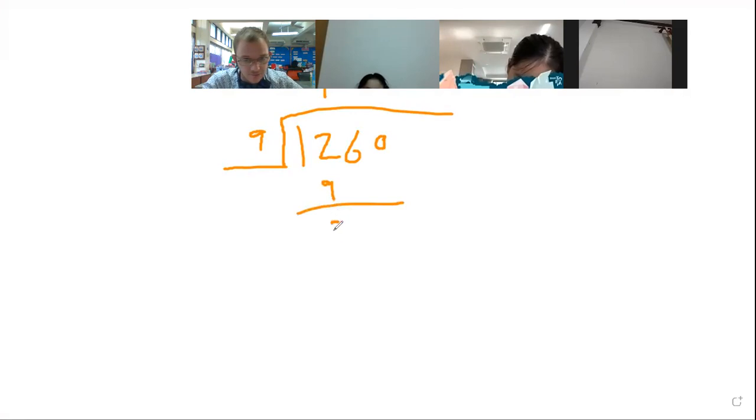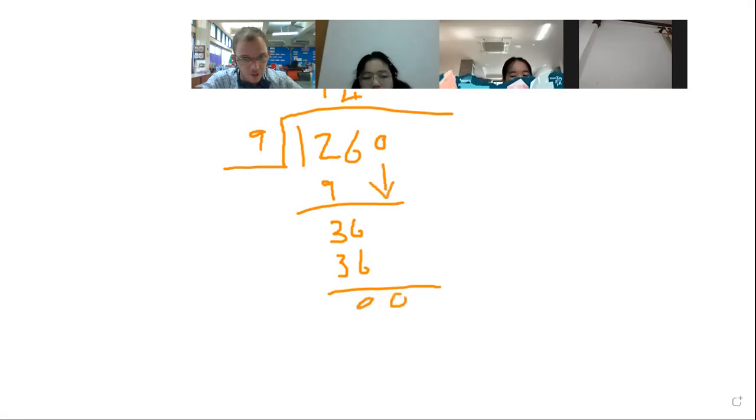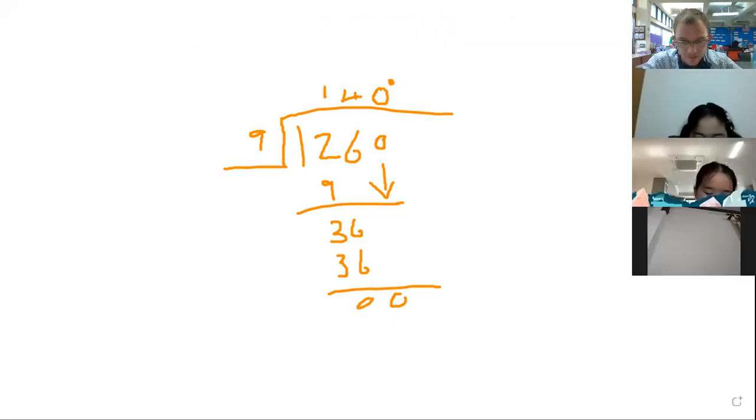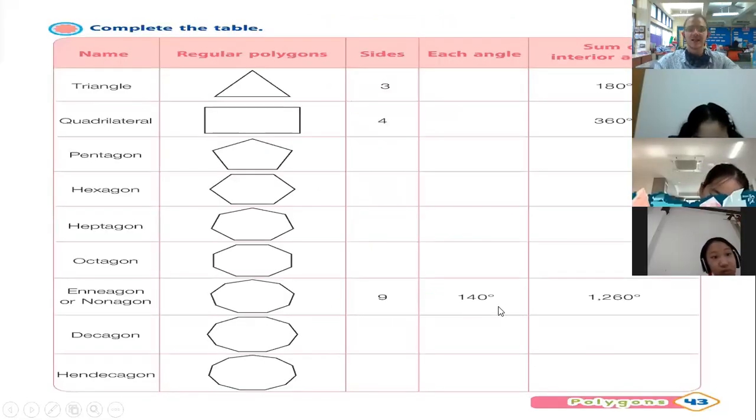Give me 3, bring down the 6. 9 goes into 36 four times. 4 times 9 is 36. So 0. Bring down this 0. Don't forget your 0. 9 goes into 0 zero times. So it's 140 degrees. Let's make sure that is the correct answer. Go back here. 140 degrees.